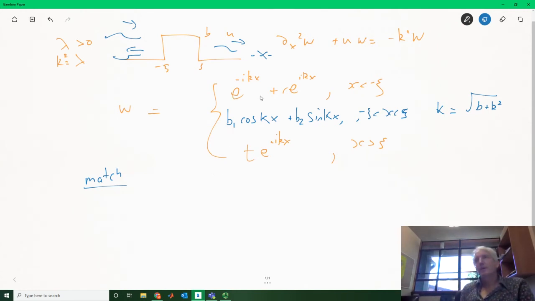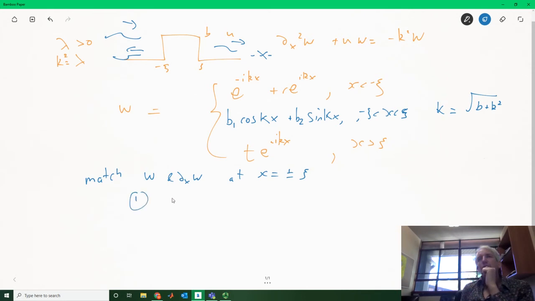So we've got to match w and the x derivative at x equals plus or minus zeta. So we're going to get 4 equations, right?